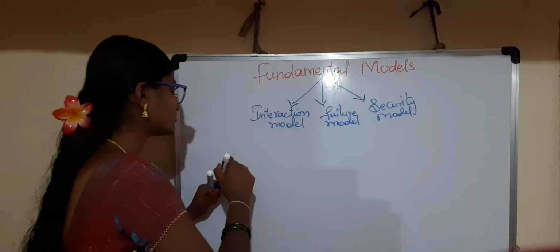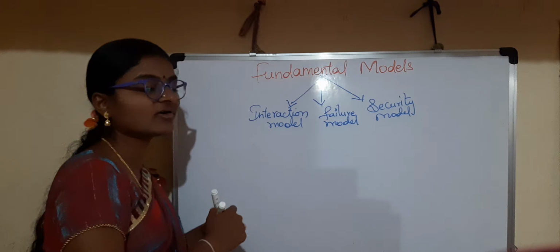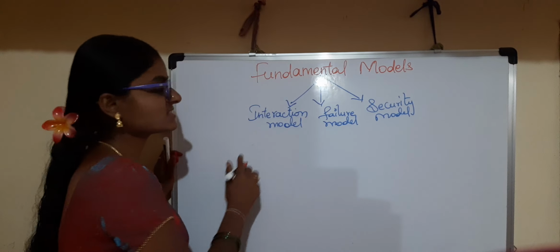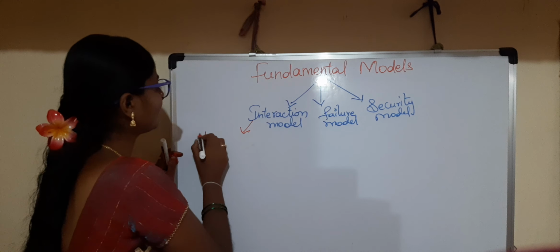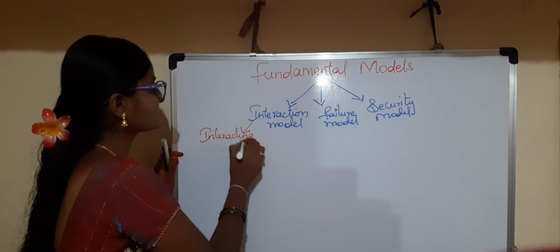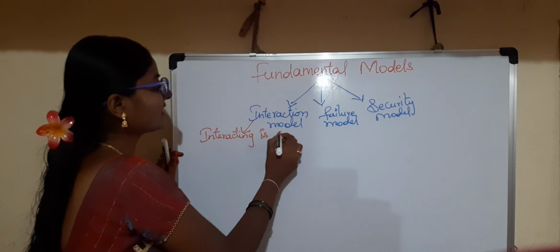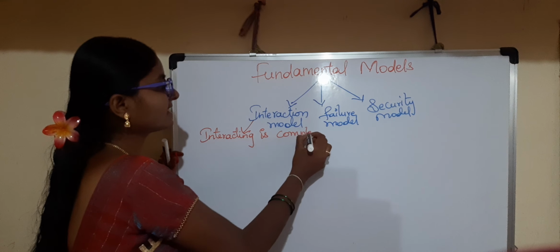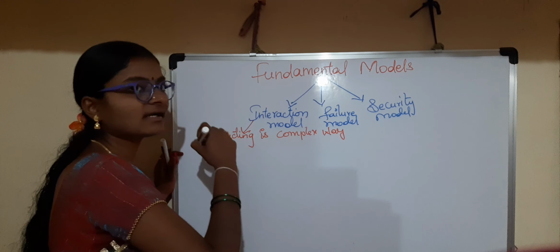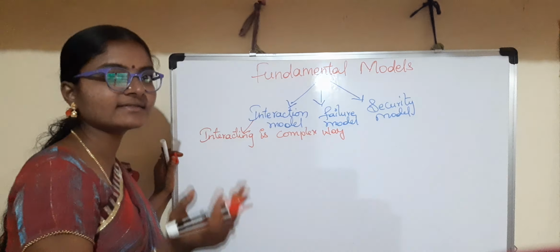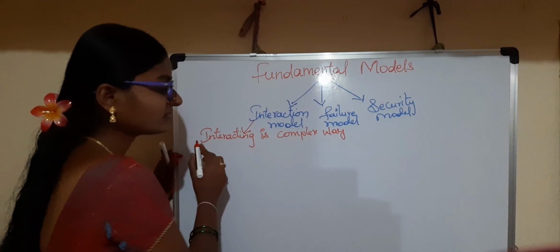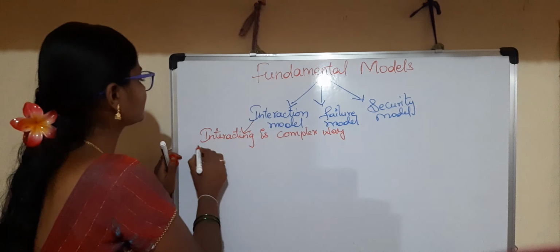Here, the interaction model. The interaction model is interacting in complex ways. In many ways the interaction will be done here. Next, one entity is interacting with another to provide a service.